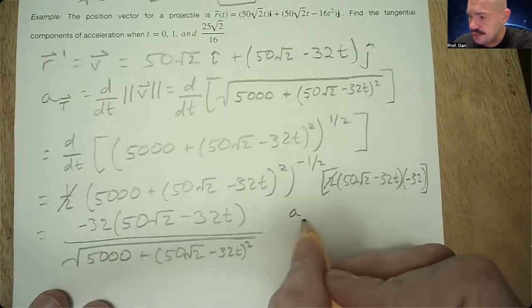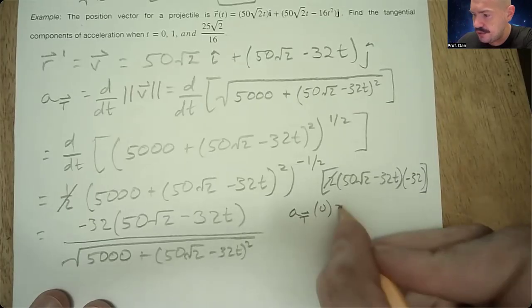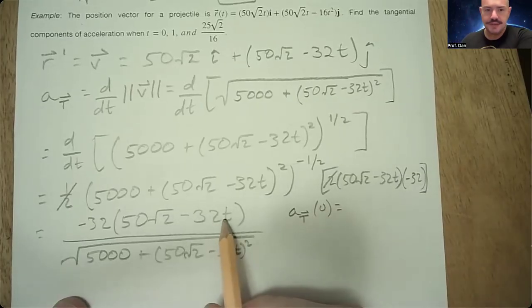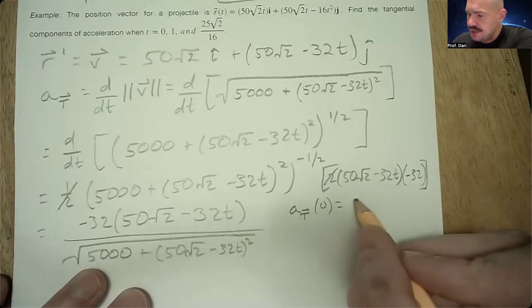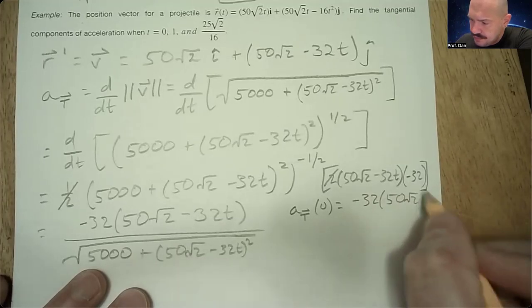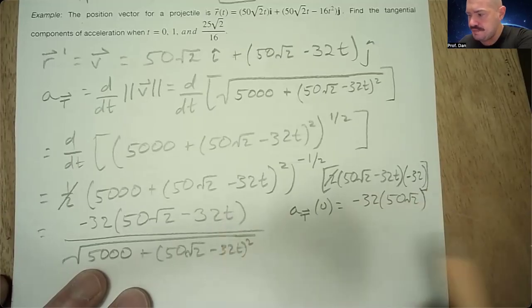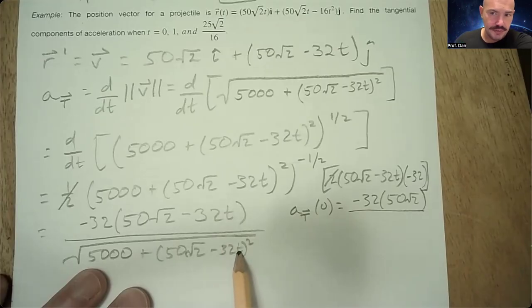So to start with, my tangential acceleration when t is 0, this term will go away. We just end up with negative 32 times 50 square root 2, since that term is 0, divided by the square root of... remember when we squared this, we got 5,000.